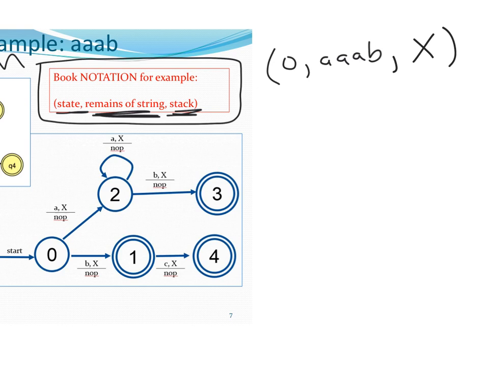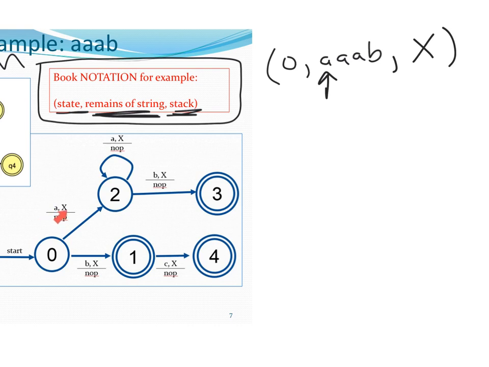Okay, so we see this first letter A, and we look at our NFA and ask, where can I go? There are two possible options here. One option is if I see the letter B, well, that's not going to work, so forget that one. The other is if I see the letter A, well, that's good.